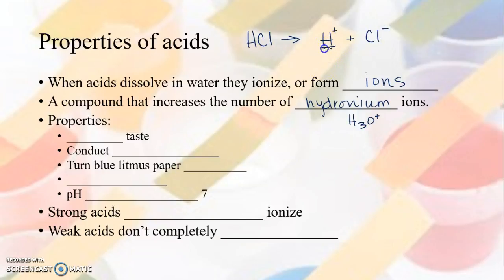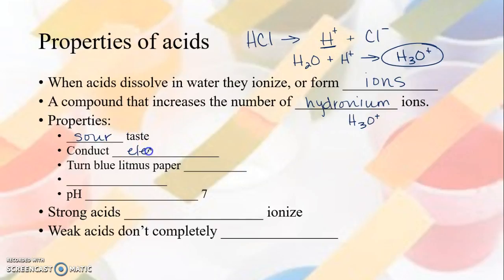The hydrogen ions are going to attach themselves to a water molecule, which makes it H3O+. So anytime you put an acid in water, it breaks apart and increases the number of hydronium ions, and that's what makes it an acid. Different properties of acids: they have a sour taste.